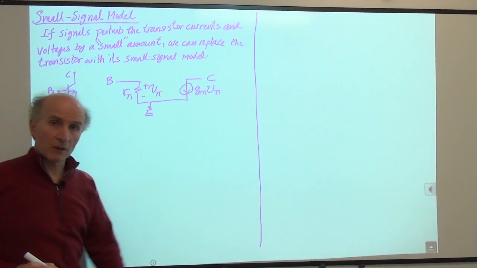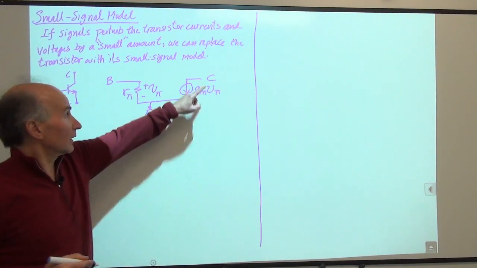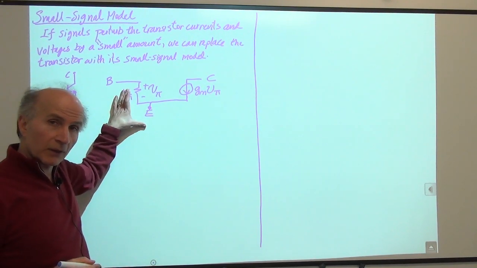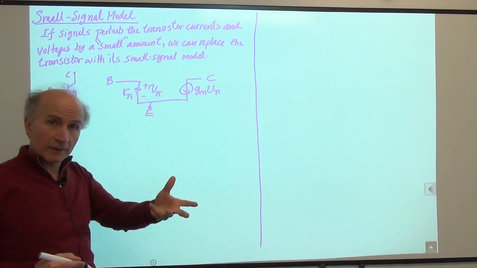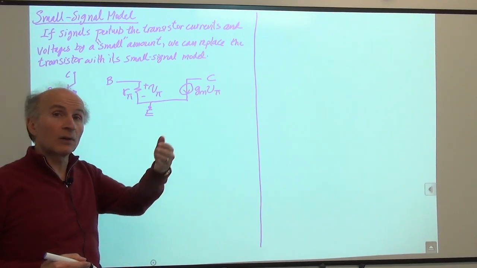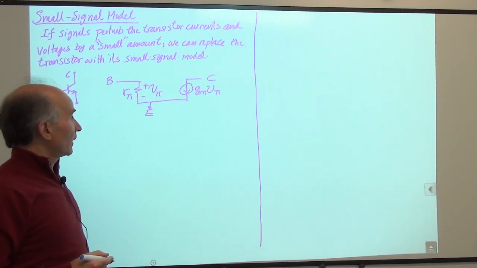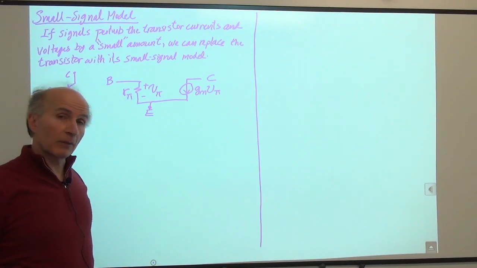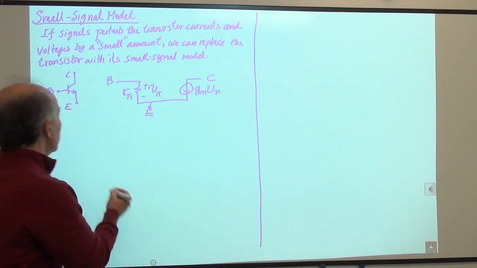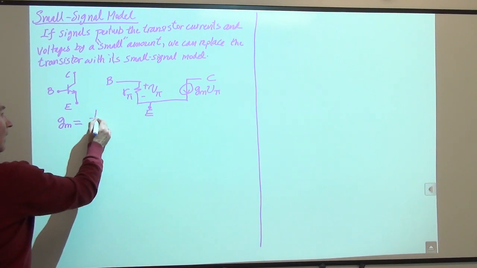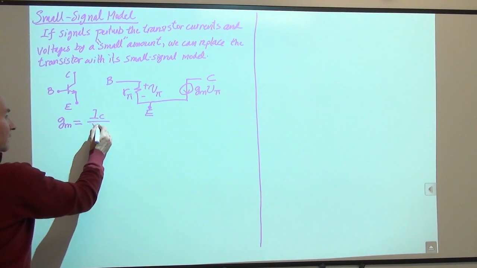That makes sense, right? Because we said the change in the collector current is equal to Gm times the change in the base emitter voltage, and V pi is a small signal quantity representing only the changes in the base emitter voltage. Okay, so that's the simplest model that we can have for a bipolar device. What we know is that Gm is equal to IC over Vt.